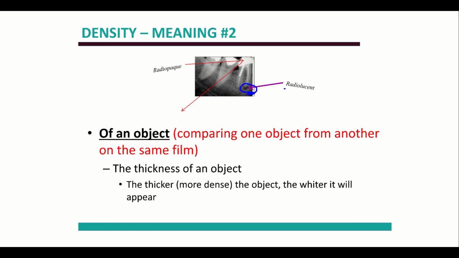It shows up dark on the X-ray, and we call that radiolucency. So sometimes you'll see some test questions about the density, and you want to make sure you're paying attention to whether it's talking about density of the film, which has to do with the mAs, or density of an object, which will determine if it's radiopaque or radiolucent.